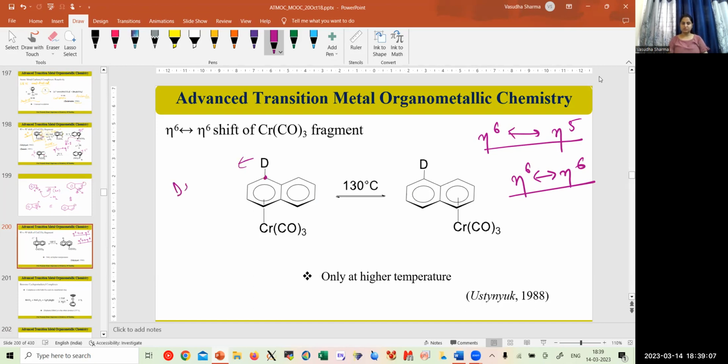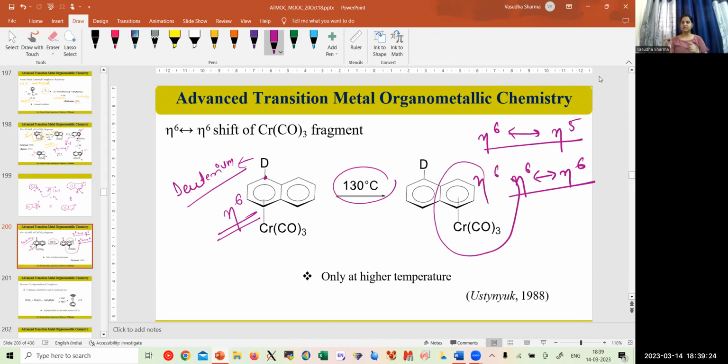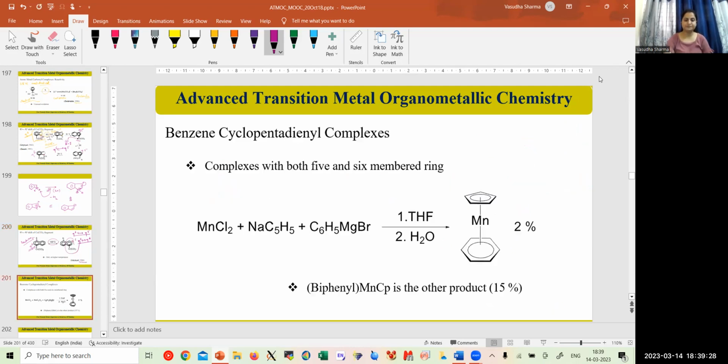This is nothing but your deuterium. And at very high temperature, this is bound with this particular arene, which is eta 6, and now it is bound with this particular one, which is devoid of any deuterium, and it is also eta 6. So it is an eta 6 to eta 6 shift, which has been seen in 1988.